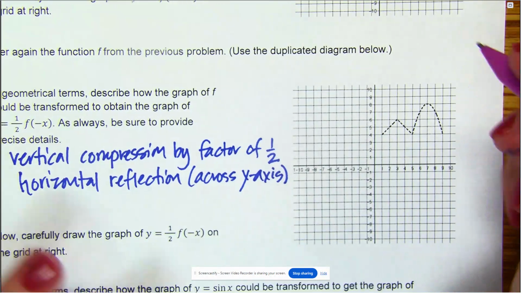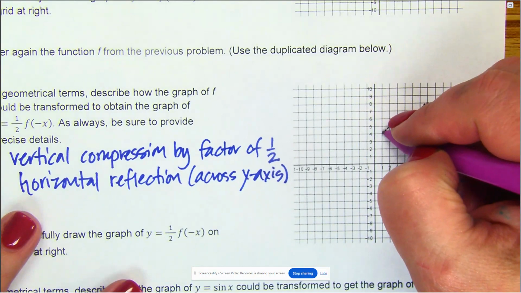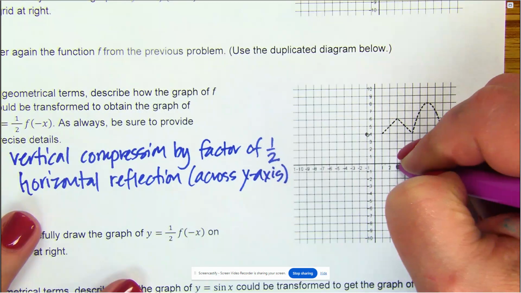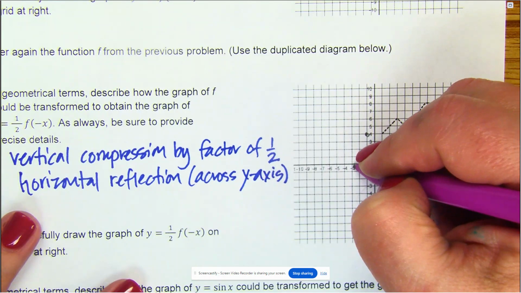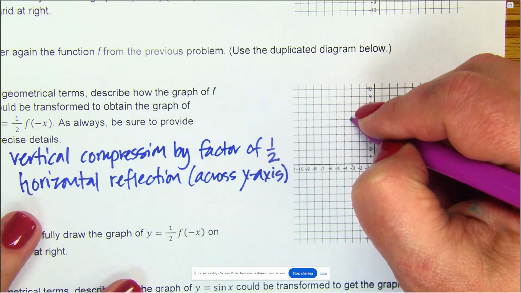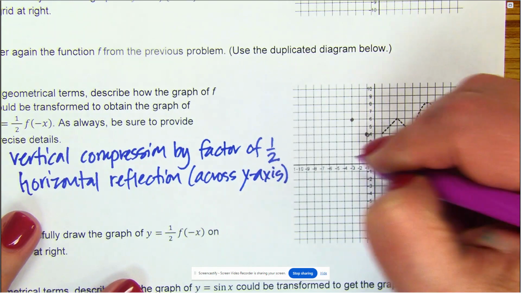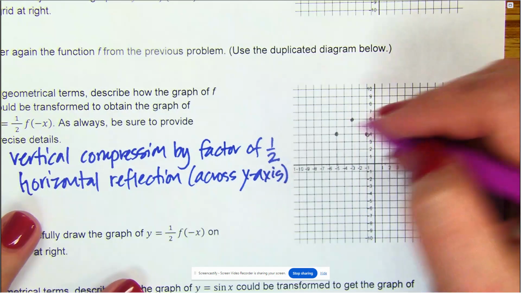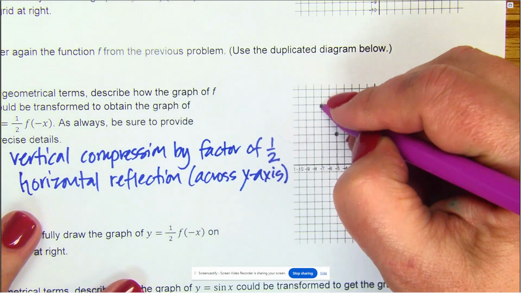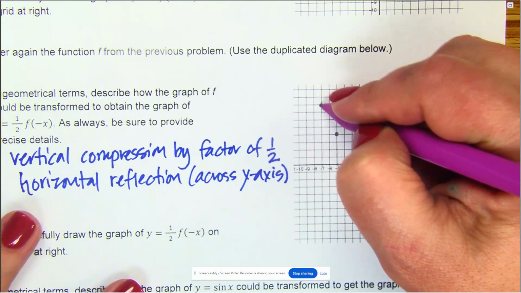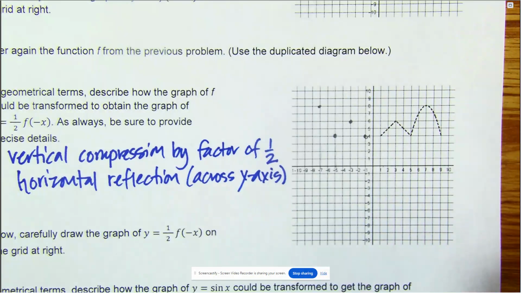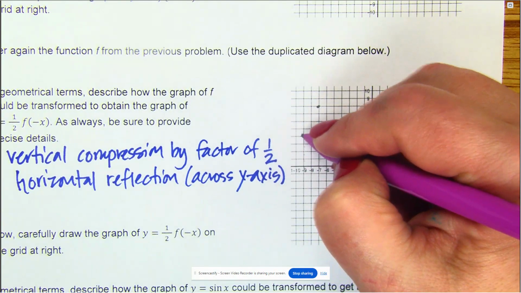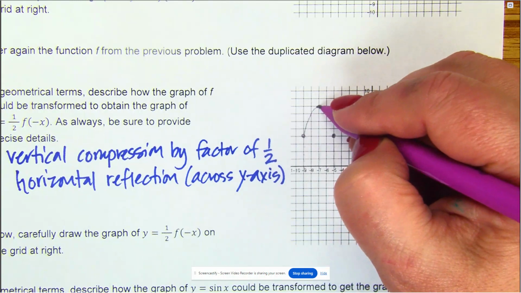I'm going to do the reflection first. So 1, 4 becomes negative 1, 4. 3, 6, negative 3, 6. 5, 4, negative 5, 4. 7, 8, and 9, 4. So this is what I have.